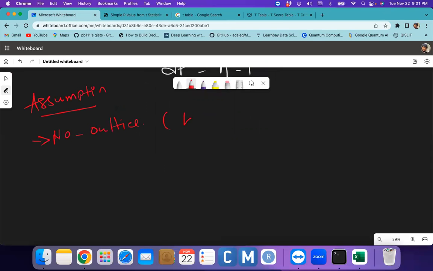When you plot the box plot, it shows the middle, min and max, and we don't have any extreme values. And normality: the sample data should follow normality. Normality means that when you plot the histogram, you will get a bell-shaped curve. So this is what we call normality.